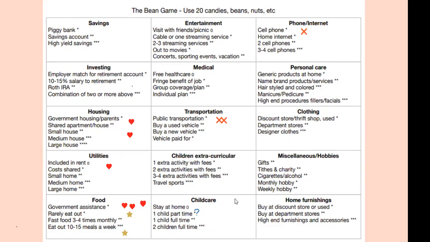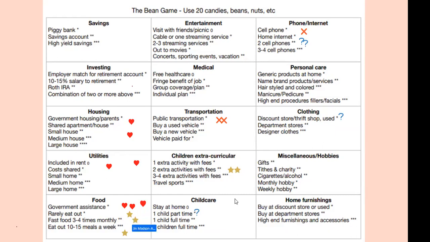You can find examples of the bean game through several of the university extensions. I know I went through Utah State and Missouri University Extension, and there was another one. So I was able to find different versions of this bean game, and after finding those versions, I created one that worked best for my workshop. We compiled a lot of them into this.